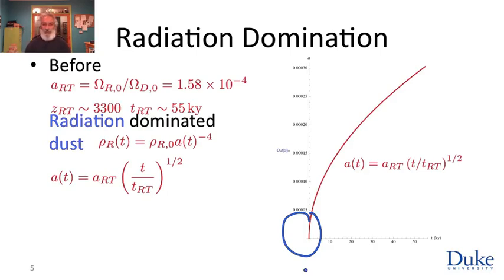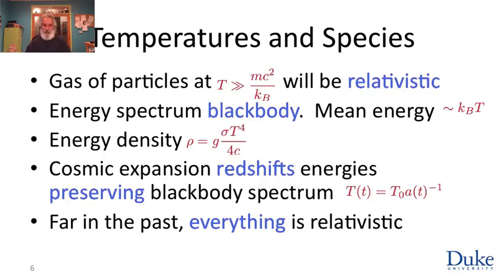Radiation-dominated universe is interesting. We should pause to ask ourselves, just what do we mean by radiation? Well, radiation is the way we describe all particles that move at relativistic speeds, whose pressures are non-trivial compared to their energy densities.